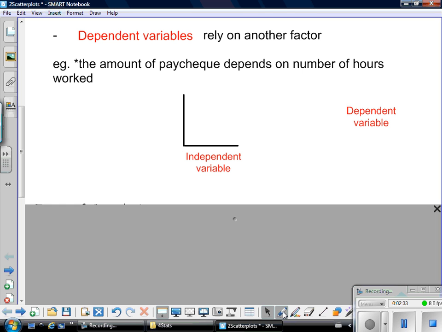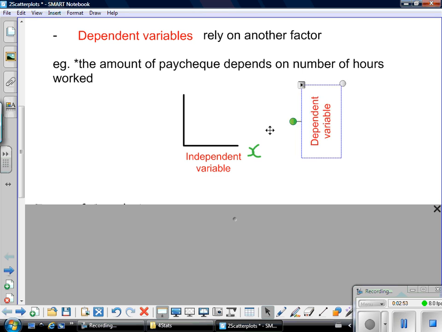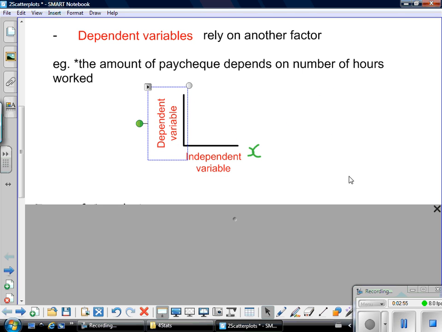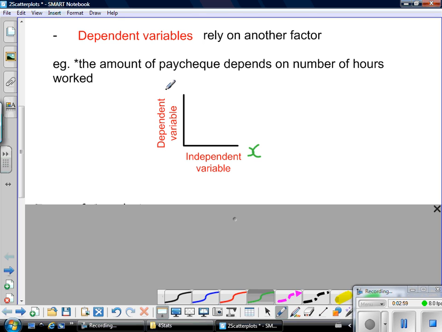If we were talking about the Cartesian plane, our independent variable is our x. Time is going to exist no matter what, so it goes along the horizontal axis, and the dependent variable goes along the vertical axis. And obviously, if we're looking at the Cartesian plane, that's the y.